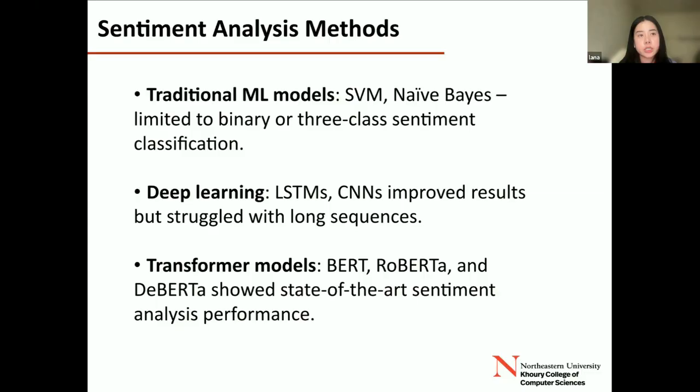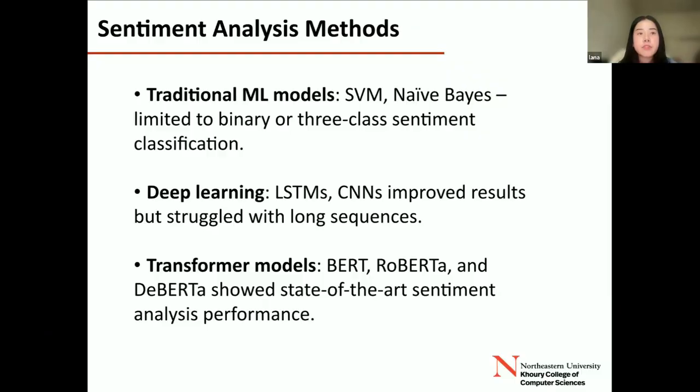So RoBERTa, which is Robustly Optimized BERT, improved upon BERT by dynamically adjusting the masking patterns during pre-training, and it's also trained on a larger dataset with more iterations, which led to better generalization and stronger performance on NLP tasks compared to BERT.